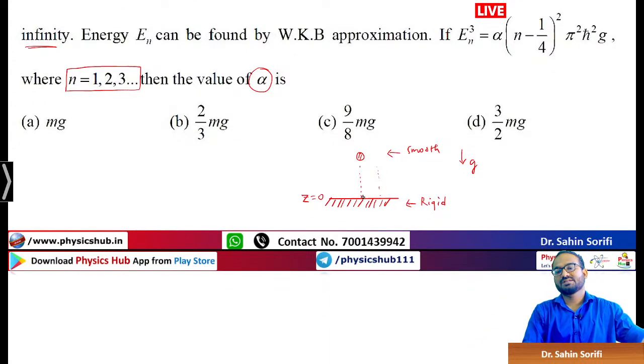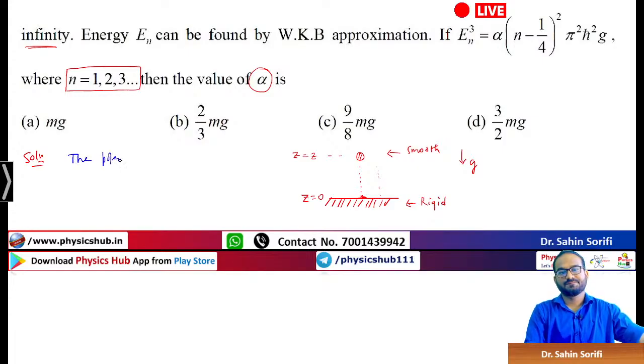So you can see the classical turning points: here it is z equals 0, and another at maybe any value z equals z. So two classical turning points are 0 and z. And here, what is the potential energy?